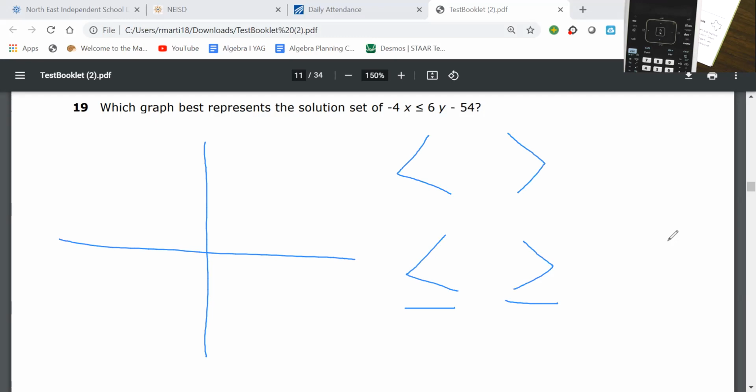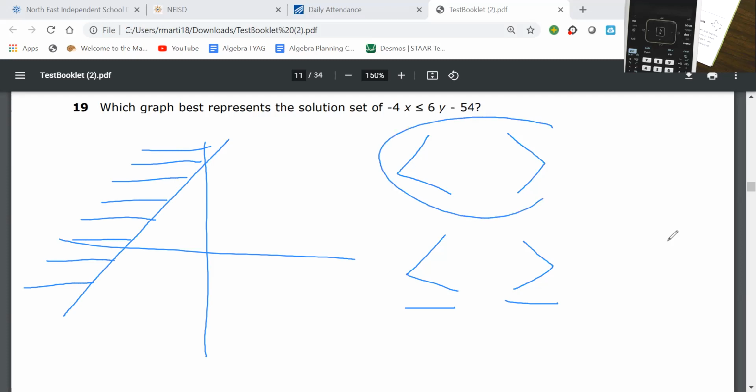But there's another difference: does it have an equal sign attached to it or not? If it does, you're just going to get a straight line, and then one side will be shaded. However, if it doesn't have an equal sign attached to it, you're going to get a dashed line, and then one side will be shaded.